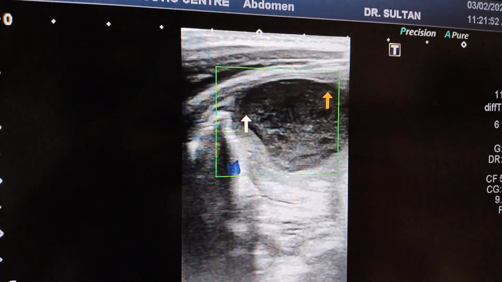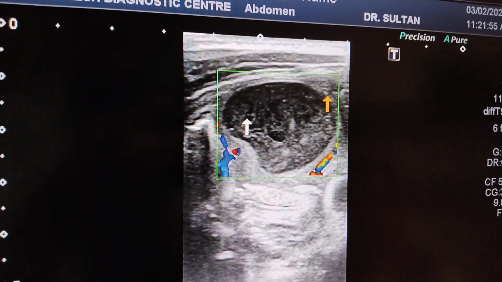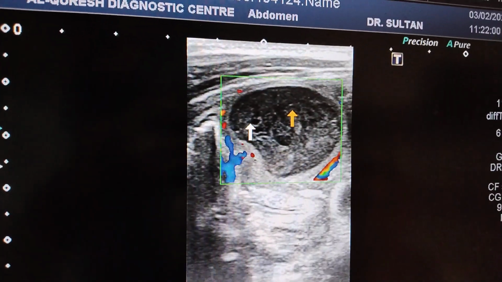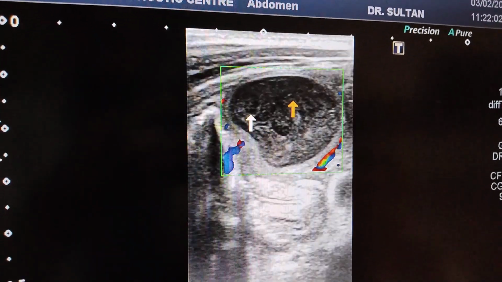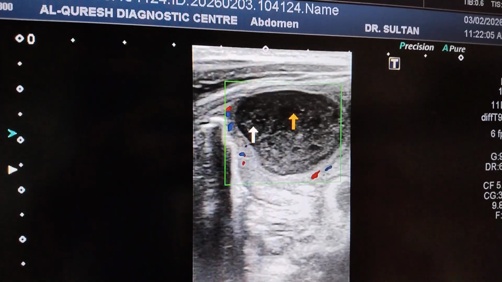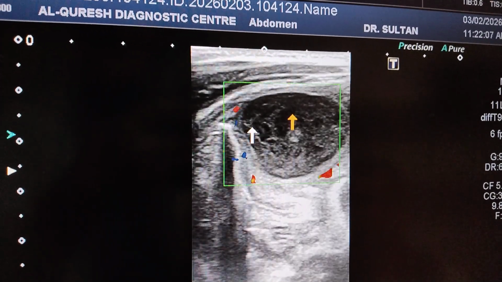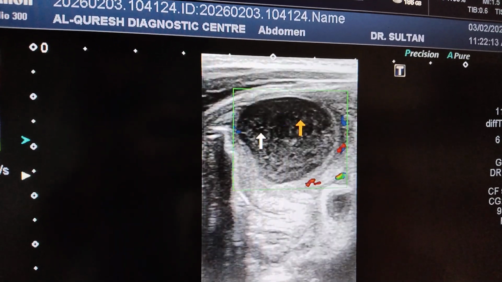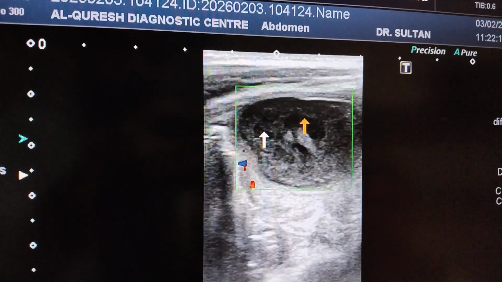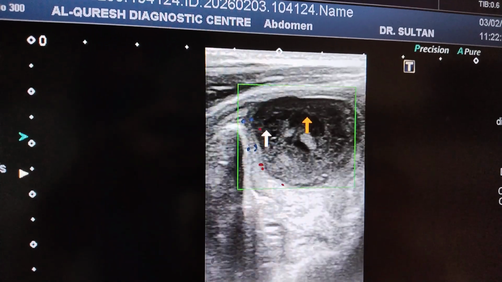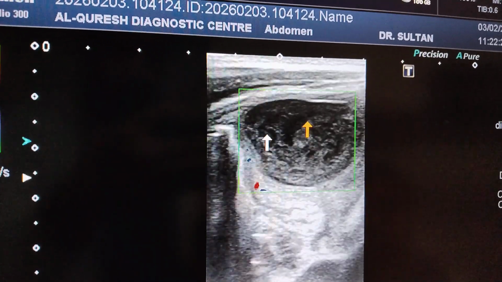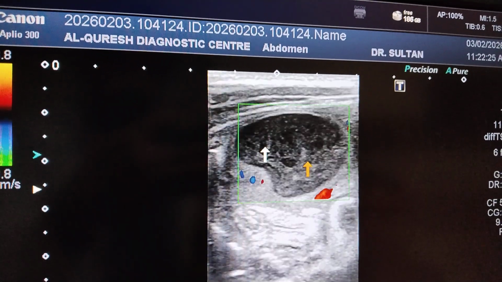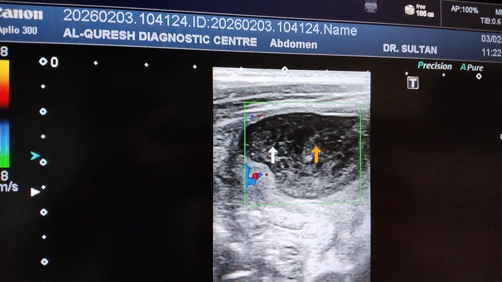It means that the blood supply to the appendix has been completely cut off. So I can now say that this is the gangrenous appendix which has adopted such a shape: mass-like, hypoechoic, with internal pockets of fluid and having no blood supply.